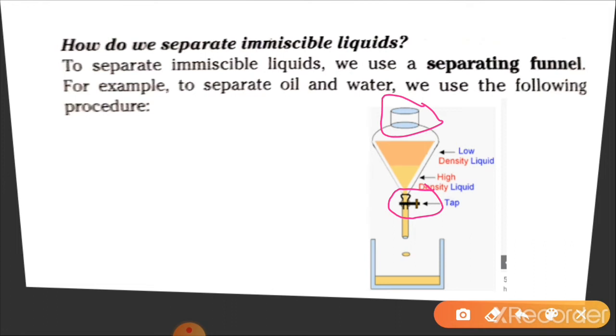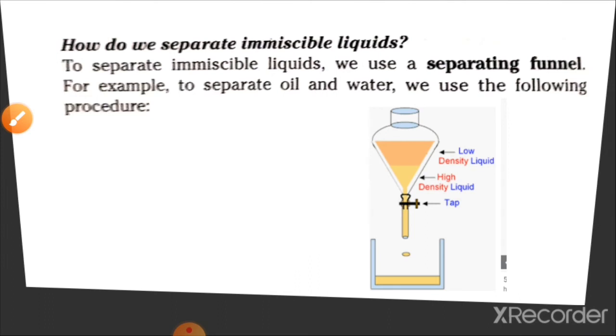In a separating funnel you can only separate immiscible liquids, such liquids which do not dissolve into each other. The upper layer is of low density liquid, for example, cooking oil, and the lower layer is of high density liquid.